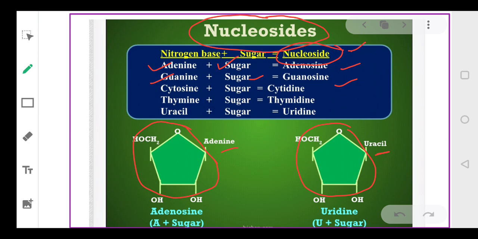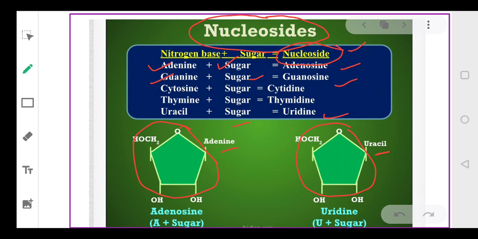So sugar plus nitrogen base forms nucleoside. Adenine joins with sugar to form adenosine. Uracil forms uridine. Thymine forms thymidine. Cytosine forms cytidine. And guanine forms guanosine.